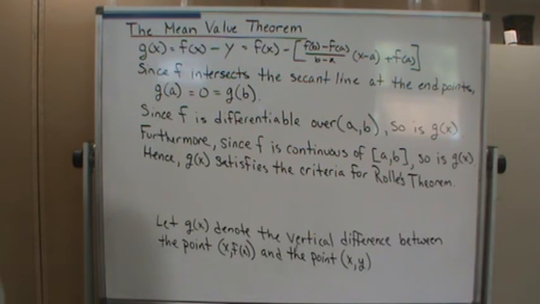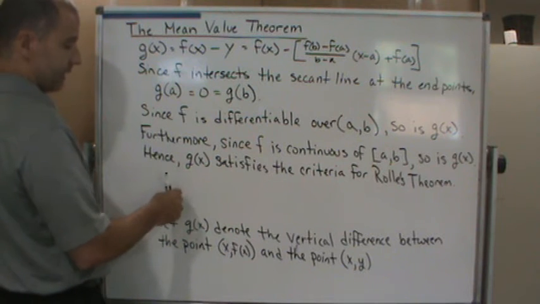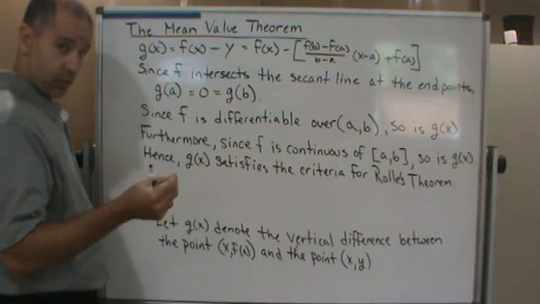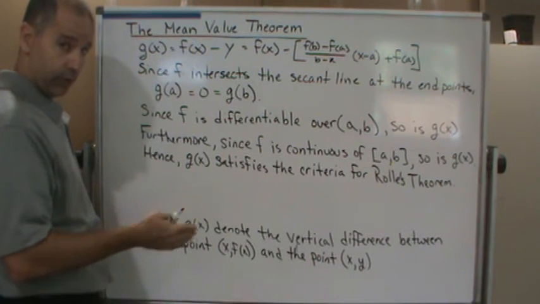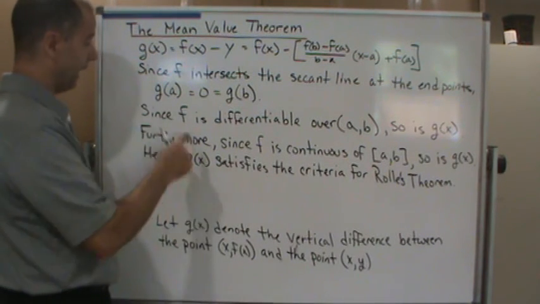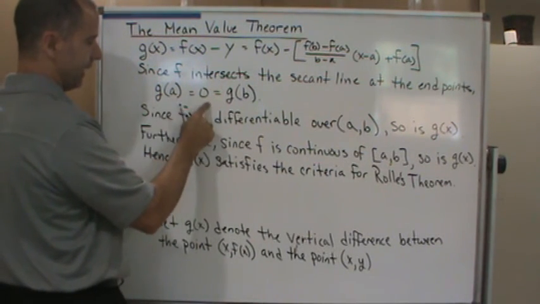Now, before I go on, notice g of x is continuous over the closed interval [a, b]. It's differentiable over the open interval (a, b), and g of a and g of b are the same.